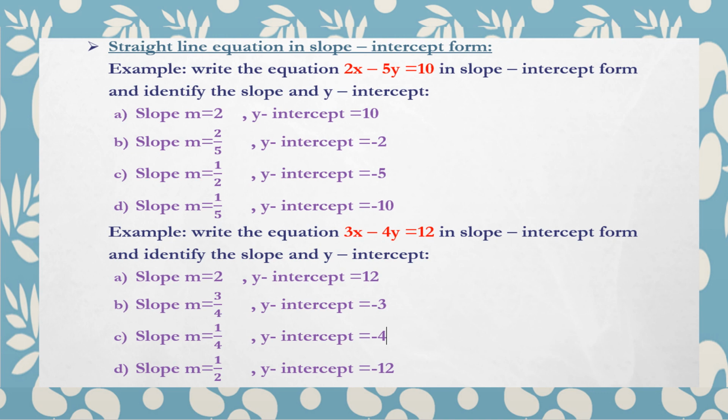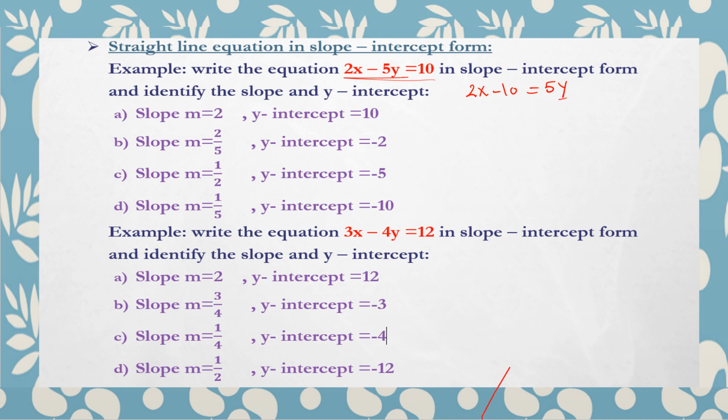Straight line equation in slope-intercept form. Write the equation 2x minus 5y equals 10 in slope-intercept form and identify the slope and y-intercept. First, we have to rearrange this equation in slope-intercept form. So, 2x minus 10 equals 5y.